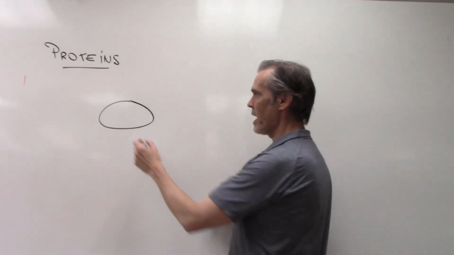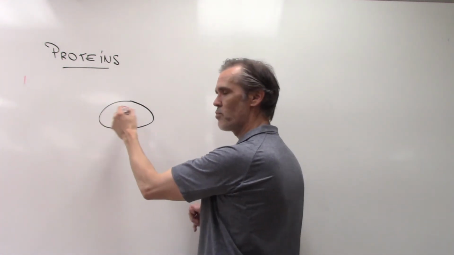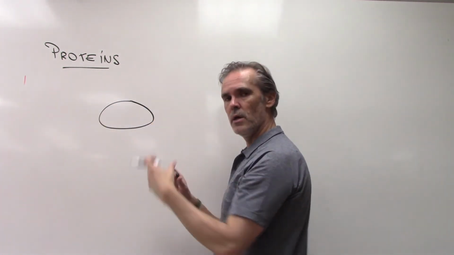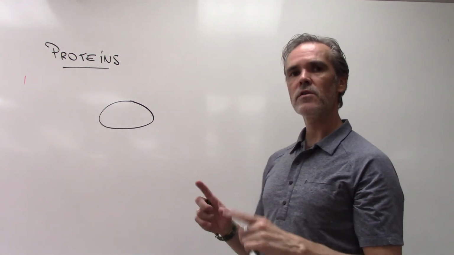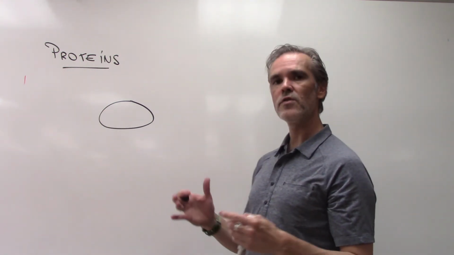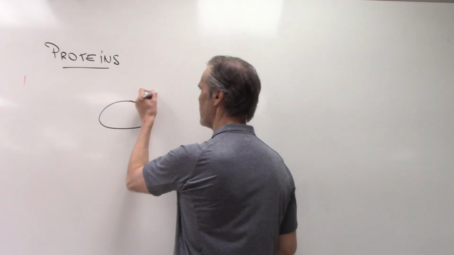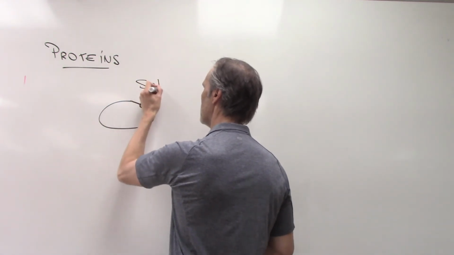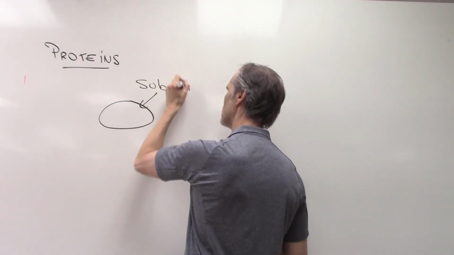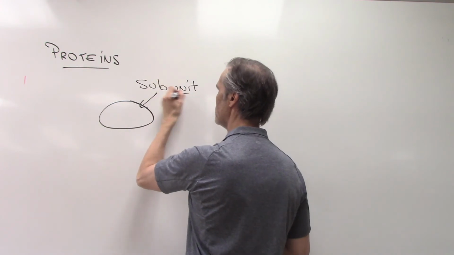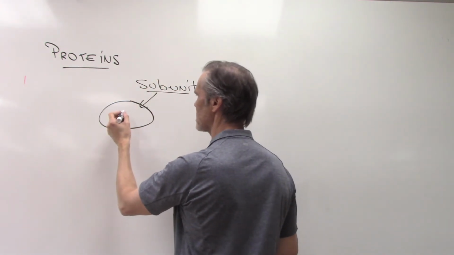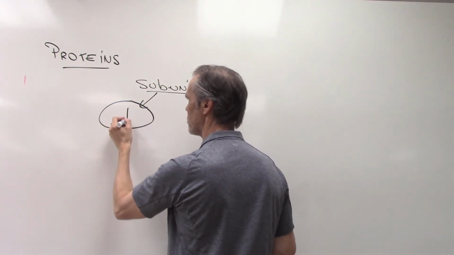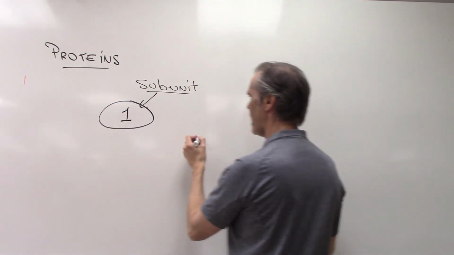So what we have here is a bunch of proteins and they're folded together. Now, the quaternary structure is when different subunits come together. So let's call this subunit number 1. And then I have another one here.